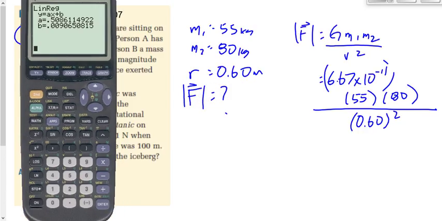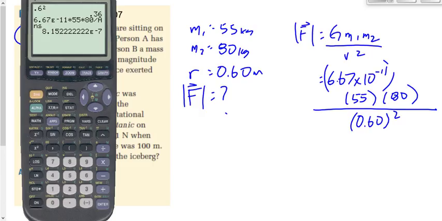Remember we said when we have a calculation on the bottom, we usually like to do that first. 0.6 squared is equal to 0.36. And then we're going to say 6.67 times 10 to the minus 11 times 55 times 80 divided by that number that we got on the bottom.